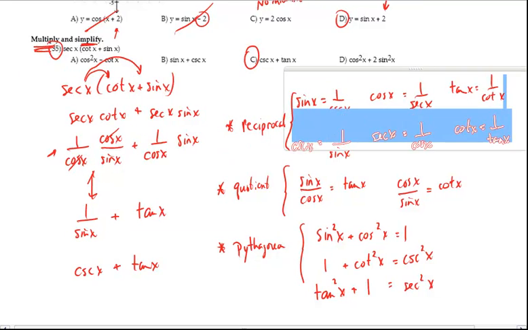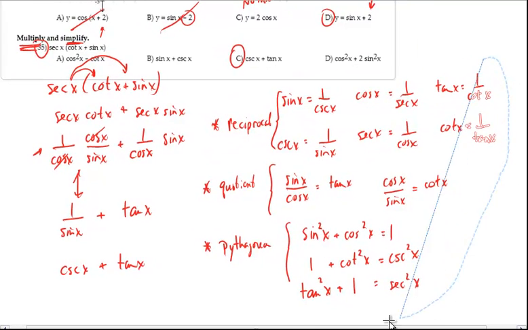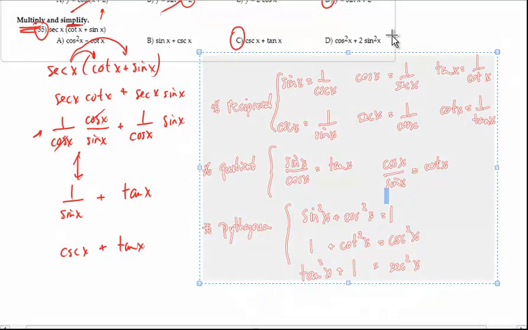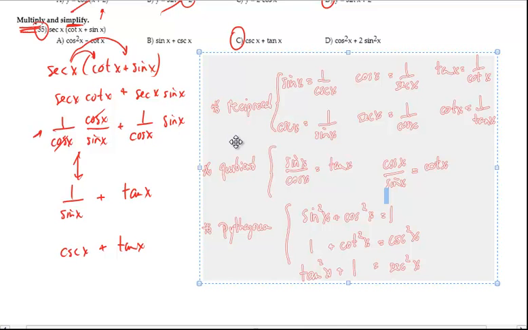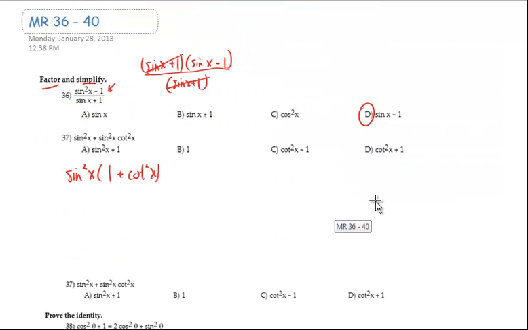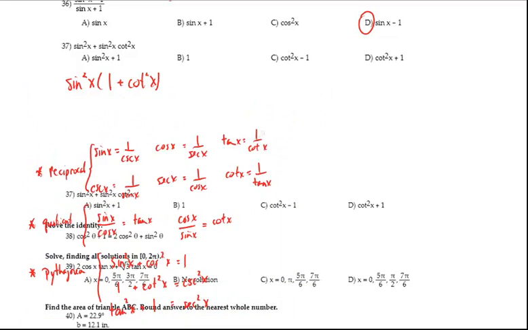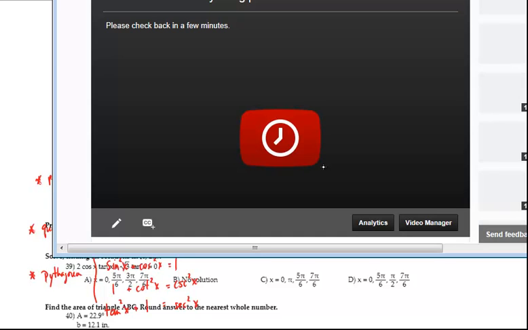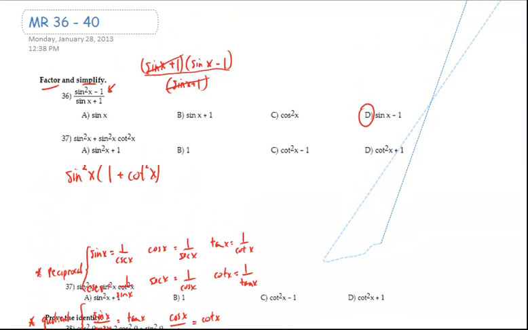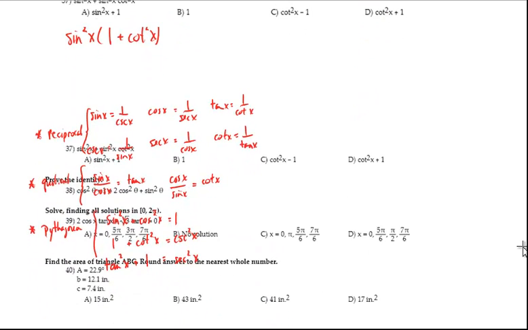So I'll cut and paste the previous identities from before, bring that onto this page, and shrink it down a bit and move it over so we have them handy.